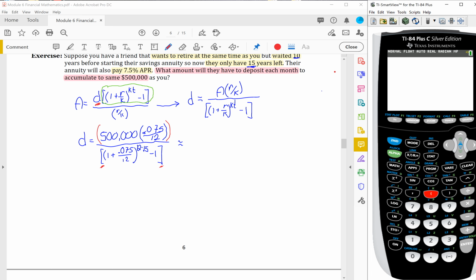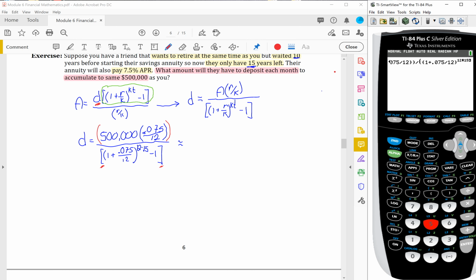Divided by a first parenthesis that represents my bracket, and then I need another parenthesis. So it'll be 1 plus 0.075 divided by 12. Now I need a parenthesis to close off my interest rate. Raised to the exponent. And again, depending on your calculator, you may need to put parentheses here. 12 times 15.